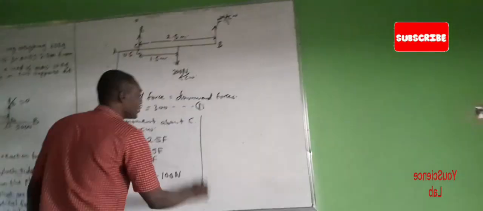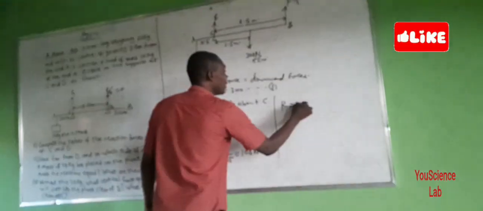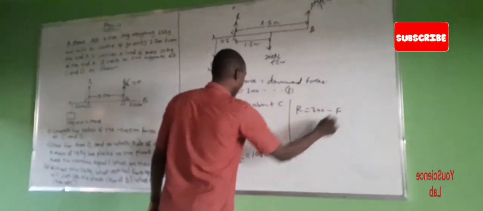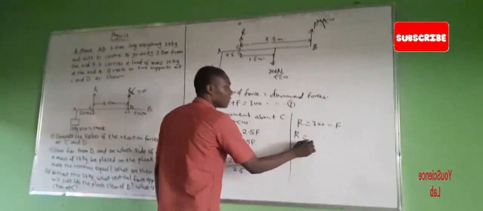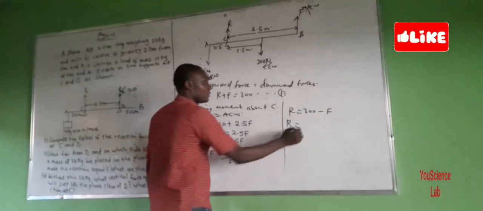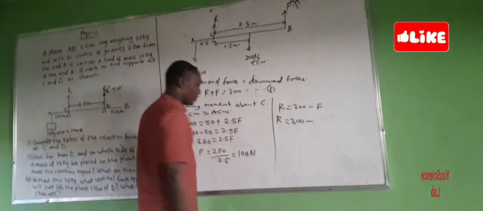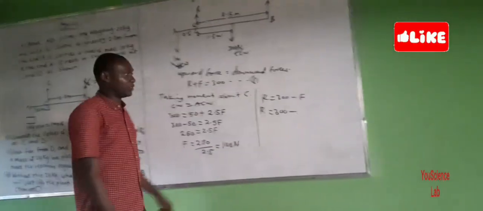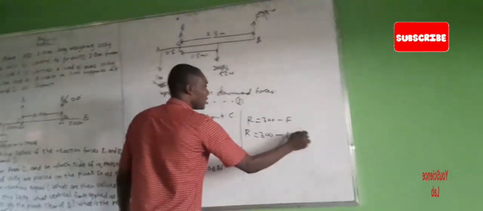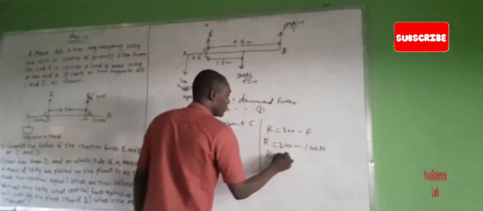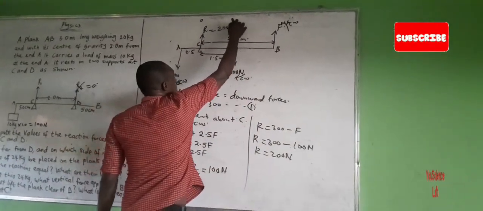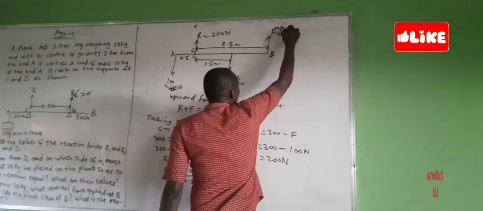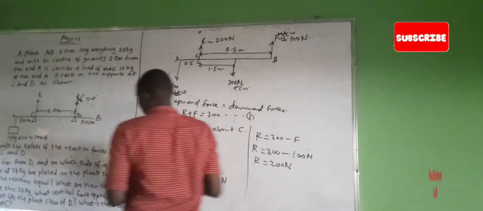From equation 1, R is equal to 300 minus F. So 300 minus 100 gives us 200 Newton. So we can see that R is 200 Newton and F is equal to 100 Newton.